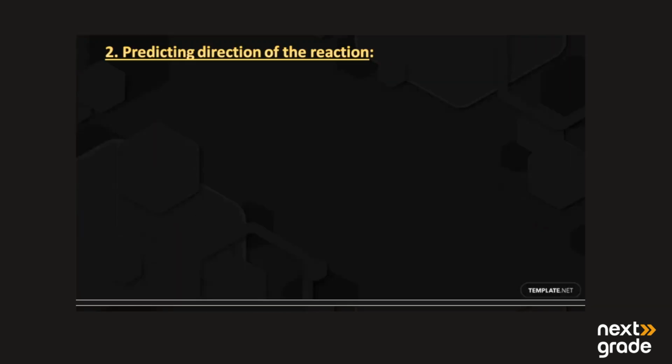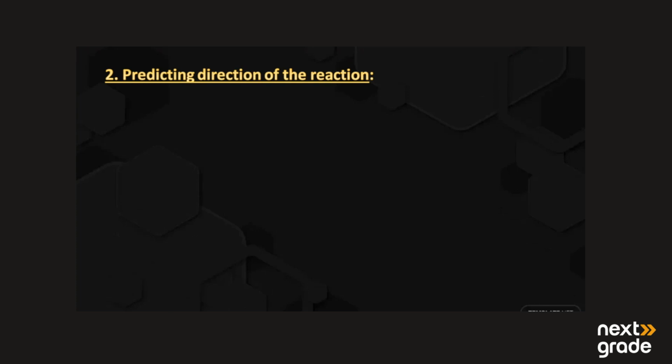Next we have the second application, which is predicting the direction of the reaction. By the value of Kc we can predict the direction of the reaction, whether the reaction is in the forward direction or in the reverse direction.